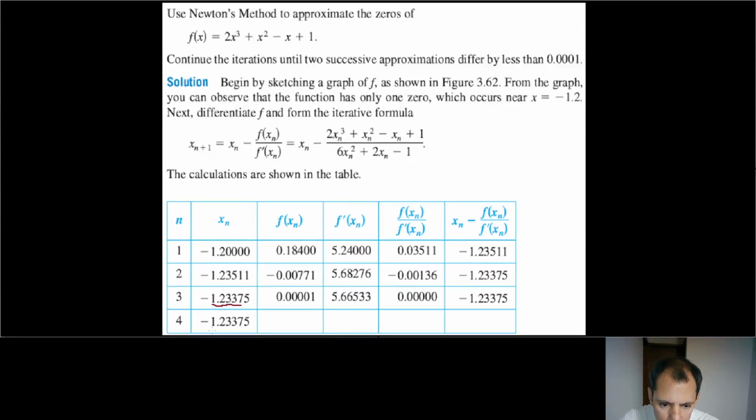You can see that this part equals exactly this part. So from the third iteration to the fourth iteration, you have a difference of less than this. And it's the same method. That's why I'm not going to walk you through these things again, all right?